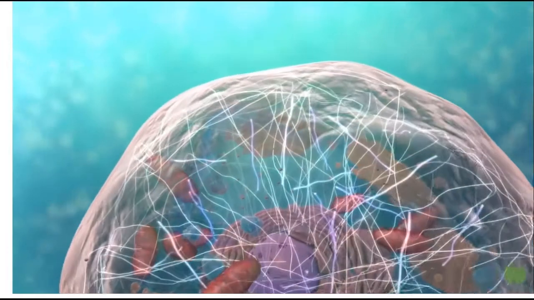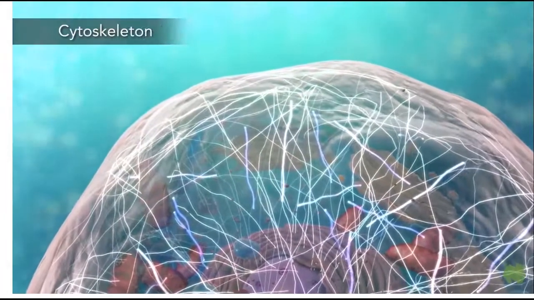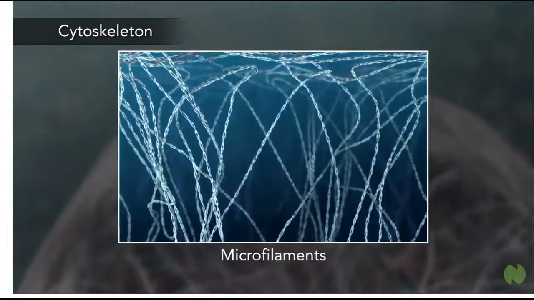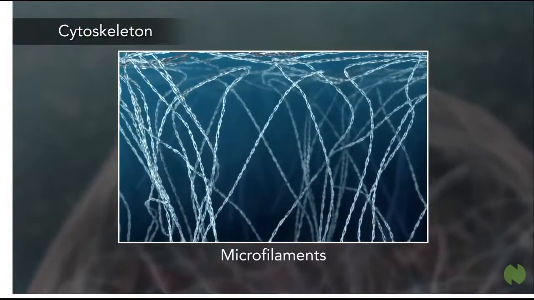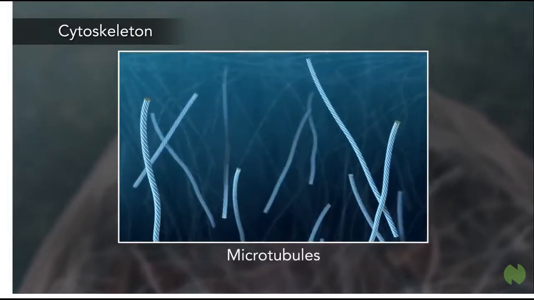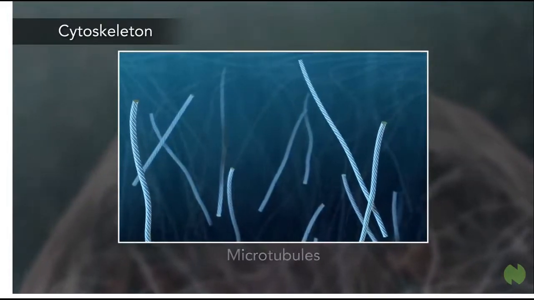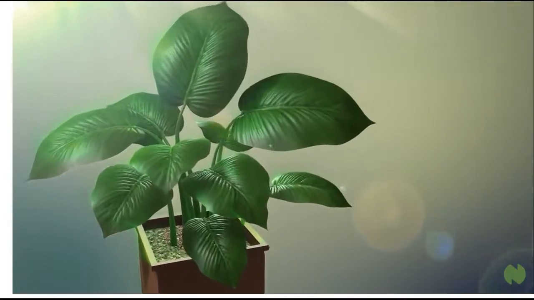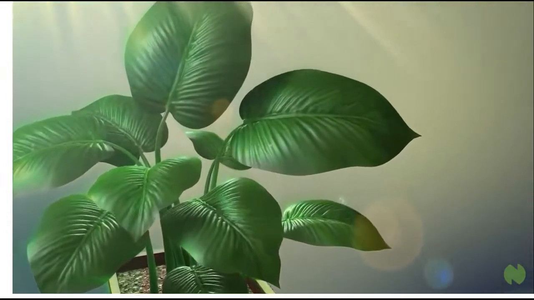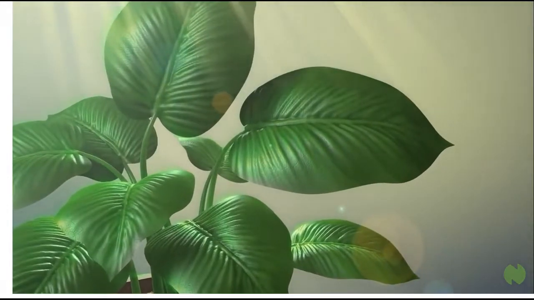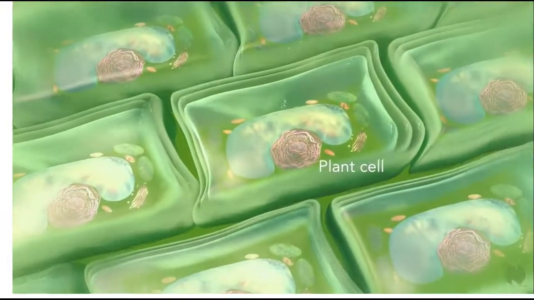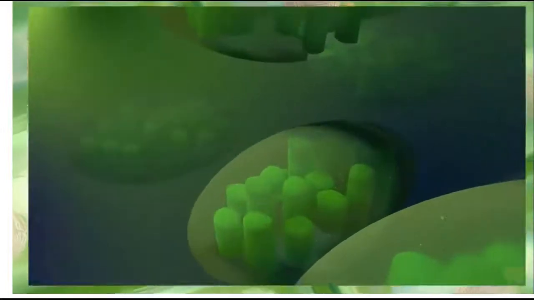Meanwhile, the cell maintains its shape through a cytoskeleton. The cytoskeleton includes the thread-like microfilaments, which are made of protein, and microtubules, which are thin, hollow tubes. Some organisms, such as plants, that are photoautotrophic, meaning they capture sunlight for energy, have cells with an organelle called a chloroplast.